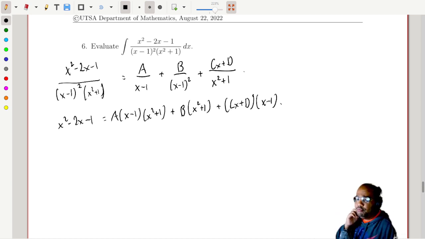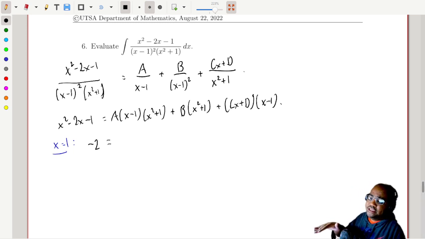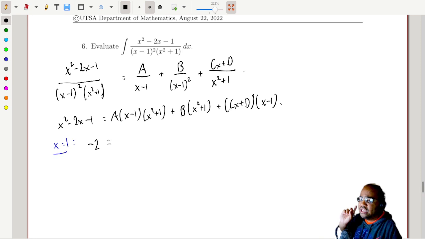So I would probably just use the lazy cover-up method here. If x is equal to 1, on the left, 1 squared is 1, minus 2 is negative 1, minus 1 is negative 2. So on the left, we get negative 2, and on the right, if we're plugging in x equals 1, everything with an x minus 1 will vanish.